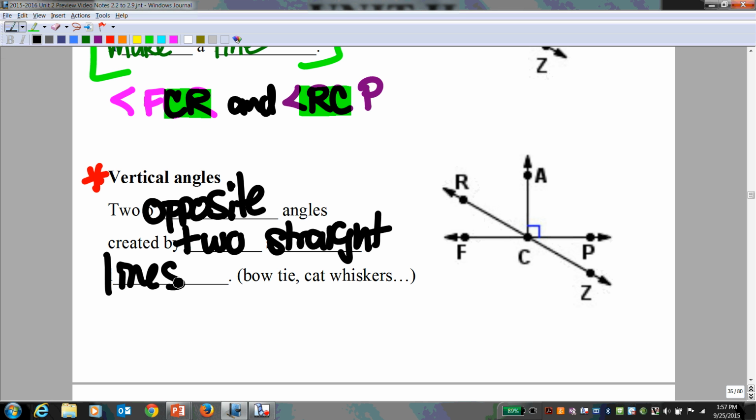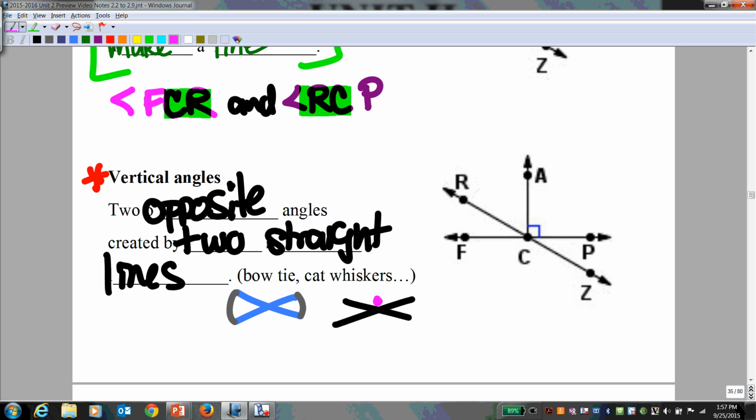They're really easy to catch. I call them bow tie angles. Think of a bow tie. I also call them cat whisker angles. There's a little pink cat whisker there. Okay, let me show you what I mean.